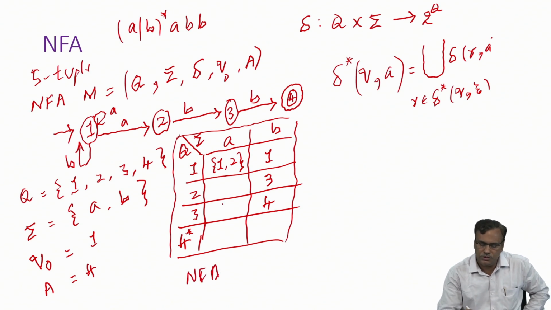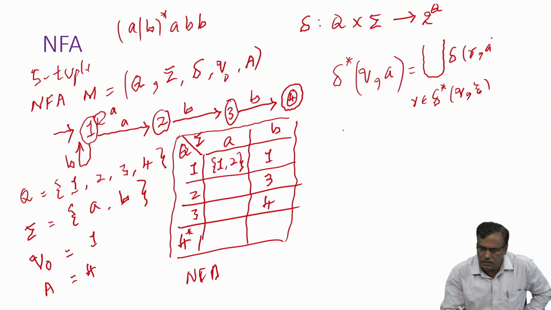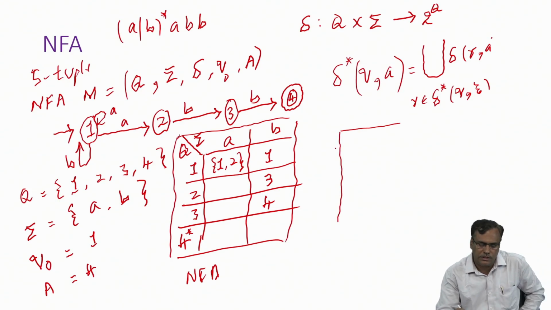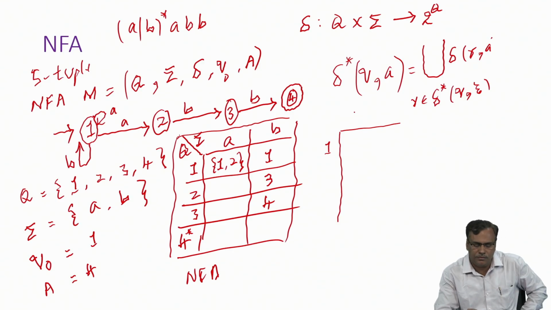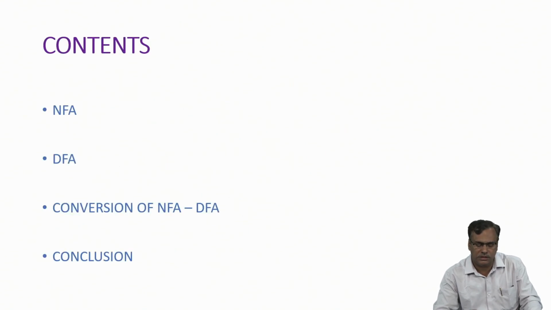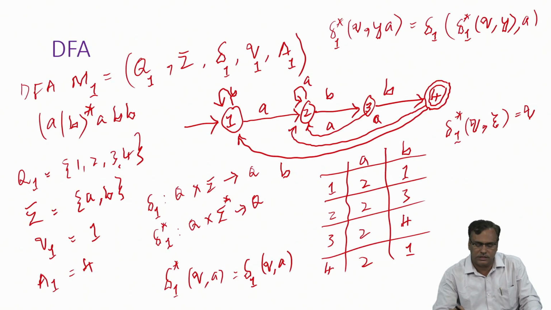Now by making use of this table itself, I'm going to make a conversion. At first you are supposed to start with the start state, and you know that the start state for this NFA is 1, and your sigma is same. If you look at this 5 tuple representation of this NFA and DFA, there is no change with respect to this sigma.